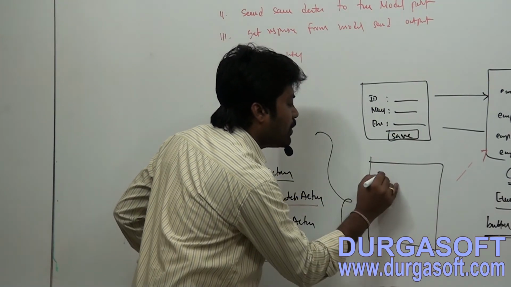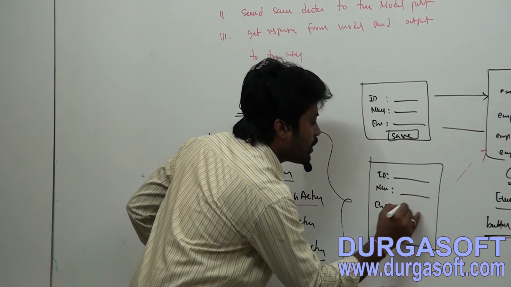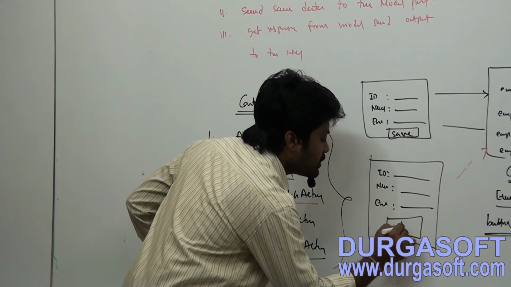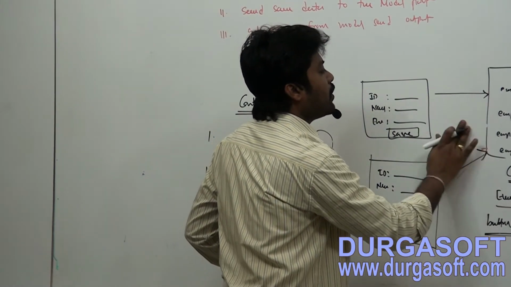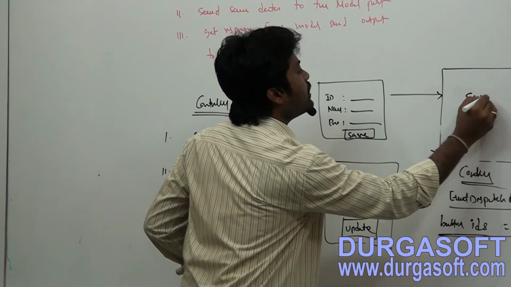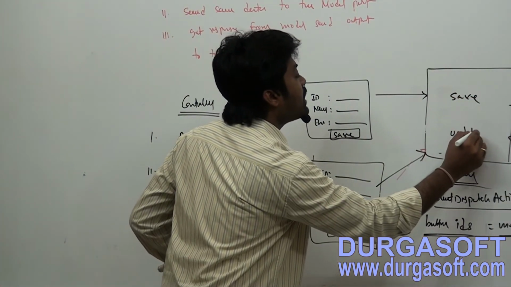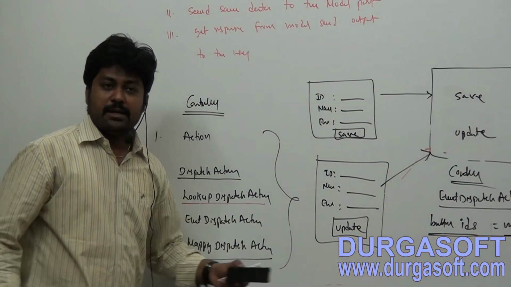And you have one more form with employee ID, employee name, employee email, and from here you want to do the update operation. If you want to handle these two sets of operations from one single controller, here save and update operations along with internationalization, then you should go through MappingDispatchAction class.